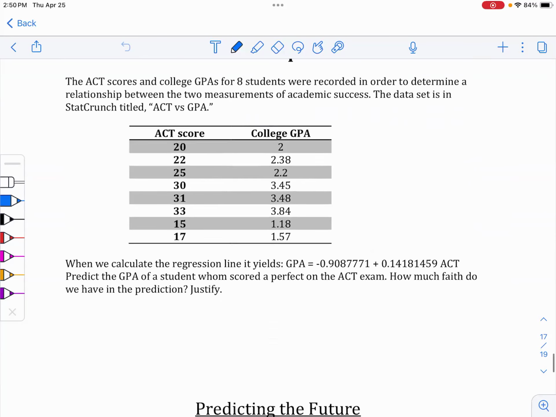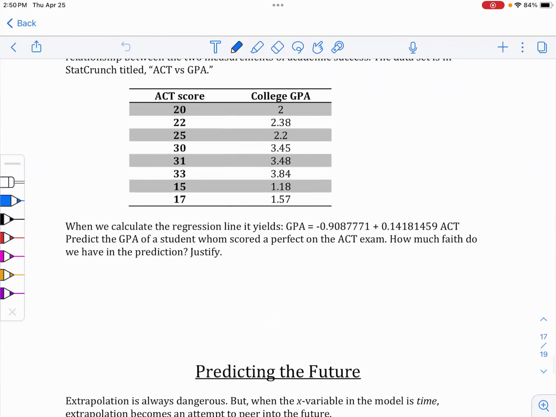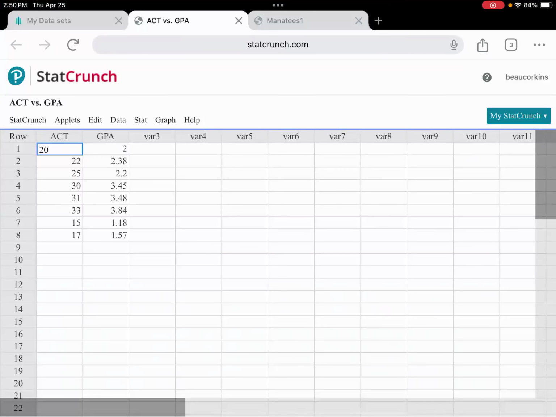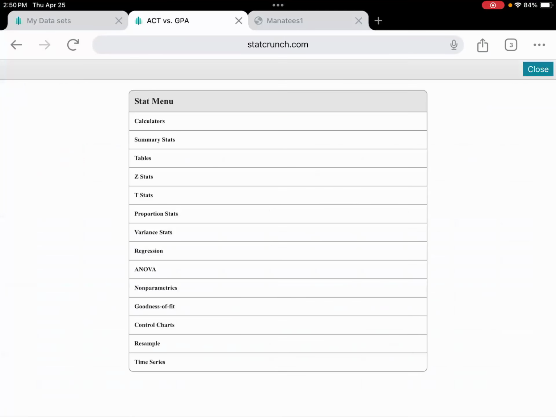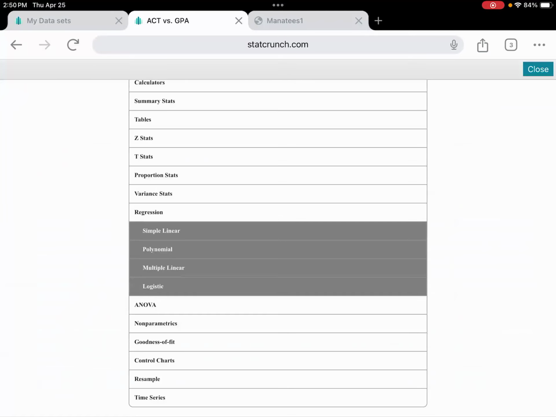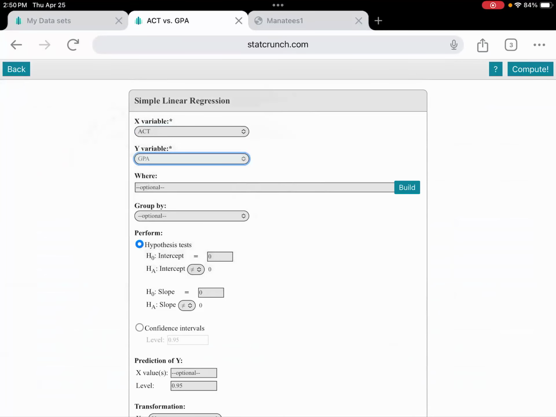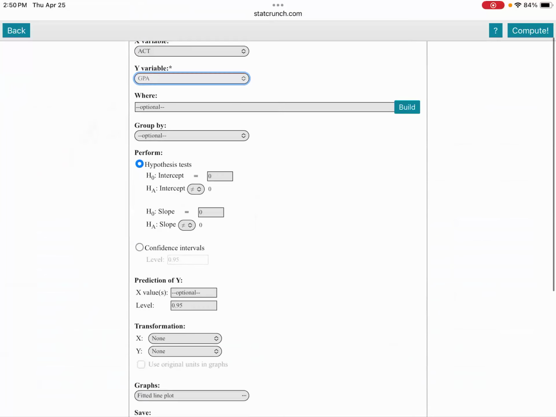So, all right, when we calculate the regression line, and I can do this in StatCrunch, stat, regression, simple linear. I'm using ACT score to predict college GPA.